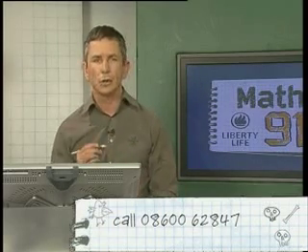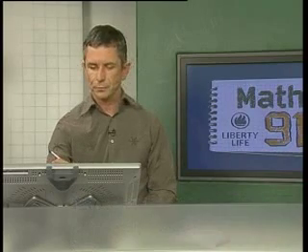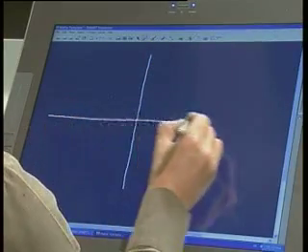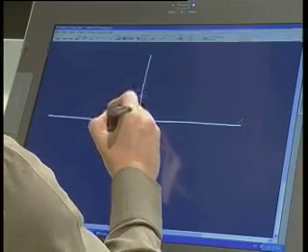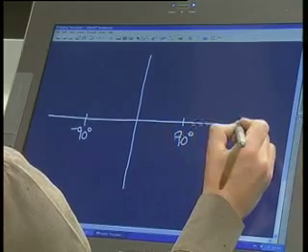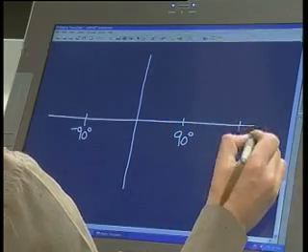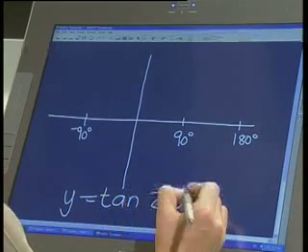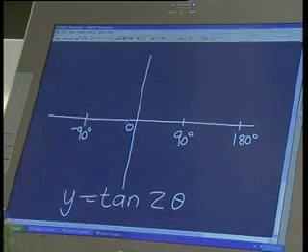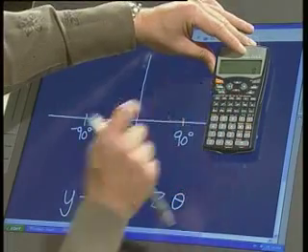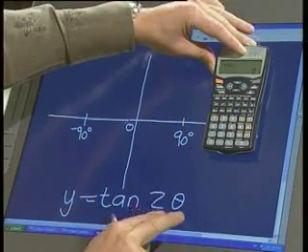Let's go and look at y equals tan 2 theta now. If we look at y equals tan 2 theta, we're going to draw it. The question was sketch it from minus 90 to 180 degrees. Now remember, we're drawing y equals tan 2 theta. So when you put the values into your calculator, be very careful to go tan, then I need the 2 theta.